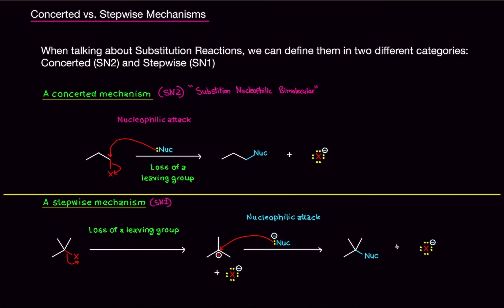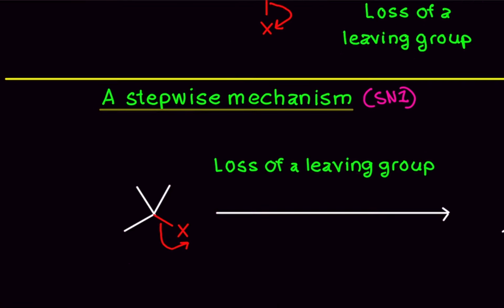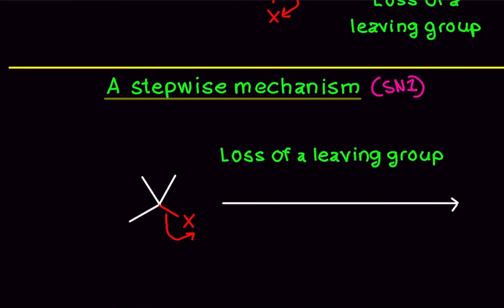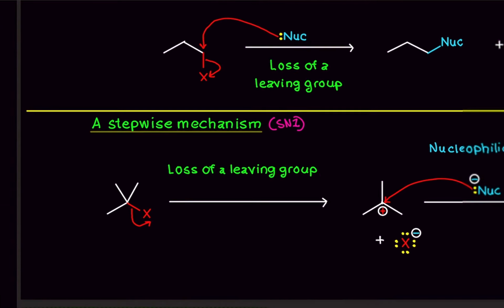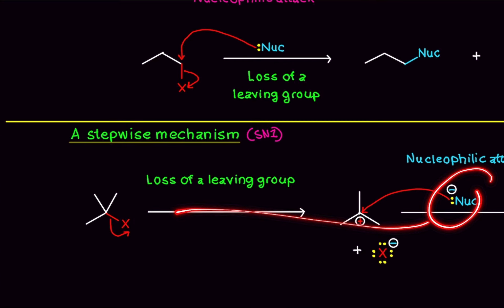The reason this happens is because if the original molecule with the leaving group is very bulky, for example, let's say that it's very busy, there's no room for the nucleophile to come in immediately.